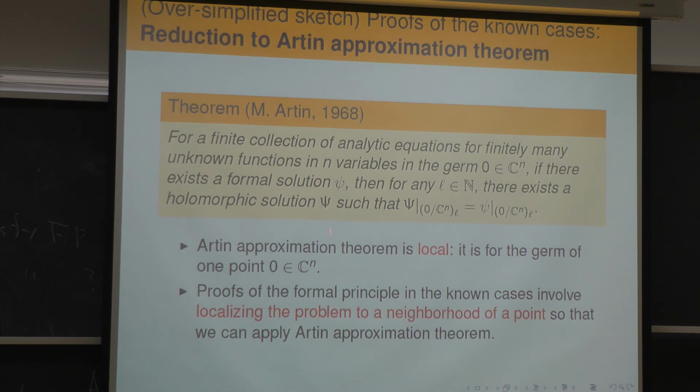So the proofs of the formal principle in the known cases involve a certain localizing procedure where they localize the problem to a neighborhood of one point so that one can apply the Artin approximation theorem. That is the general approach of the known cases.